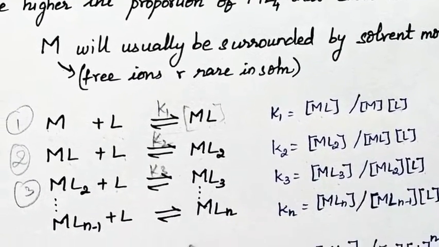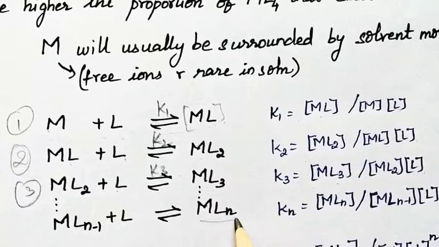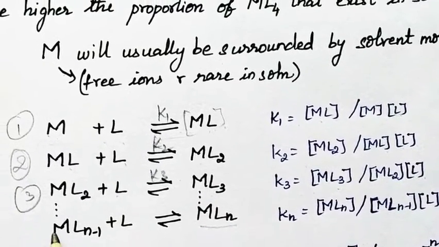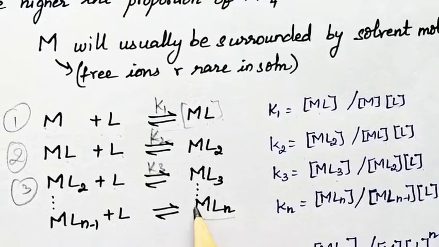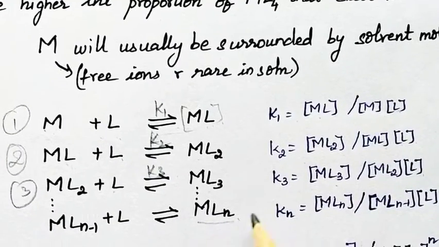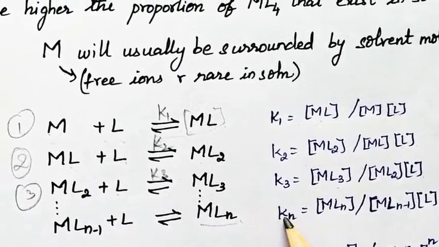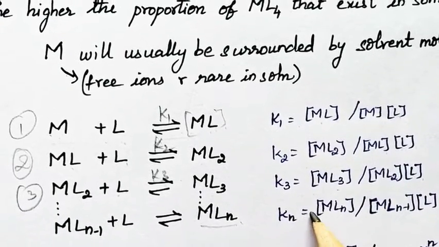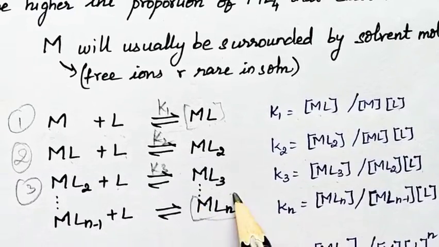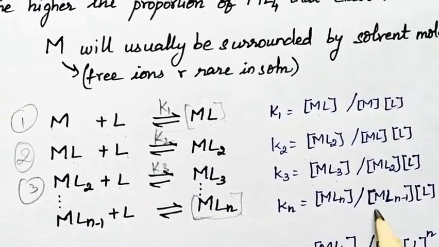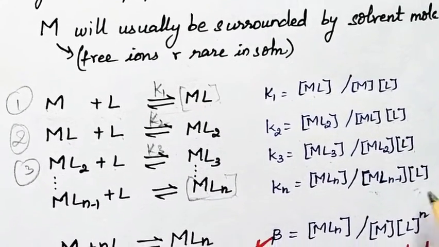For example, for the complex MLn, I can write ML(n-1) plus ligand in equilibrium with MLn. So here the equilibrium constant I can write as Kn is equal to concentration of MLn, the product, by the concentration of the reactants.